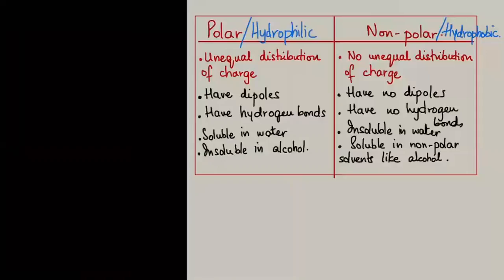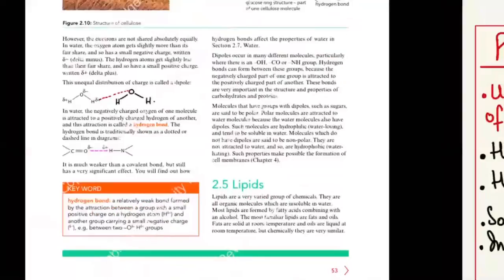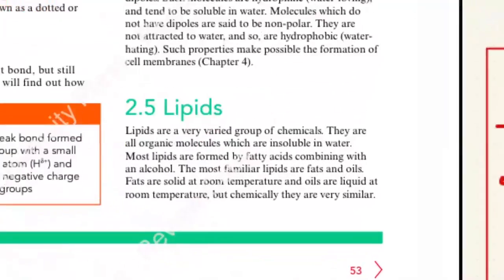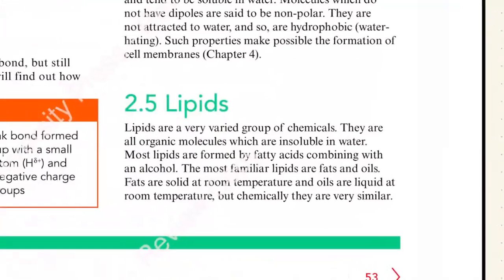Lipids is basically a general word which is used for a variable group of chemicals which can be solids and they can be liquids. Solids we call fats and liquids we call oils. Examples of fats are ghee, butter and margarine. They are all solid lipids.